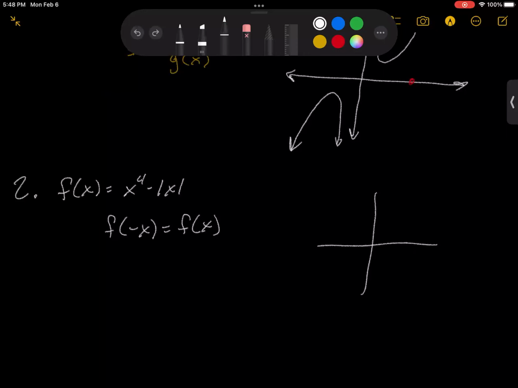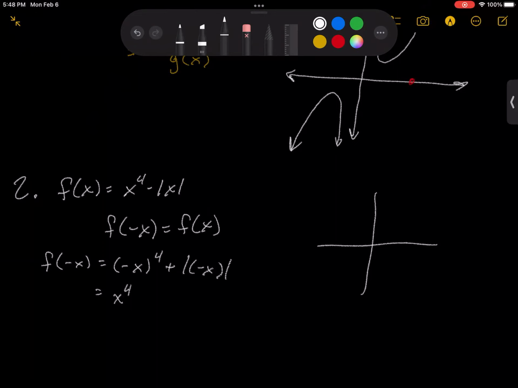So I'm symmetric over my y-axis here. All right. So let's show that this definition is satisfied. F at minus x is minus x to the 4th plus absolute value of minus x. Now, minus x to the 4th will be the same thing as x to the 4th.